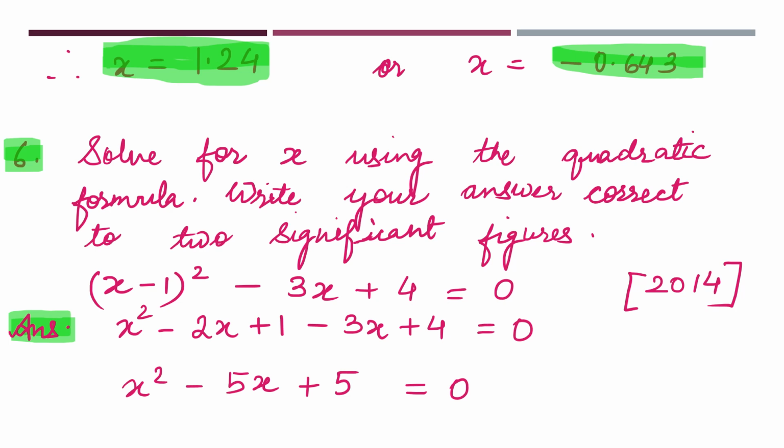So the answer will be x is equal to 1.24 or x is equal to minus 0.643. The 0 will not be counted, children. Only the numbers after the decimal, that is 643, will be counted. Therefore we are taking 3 numbers after the decimal.